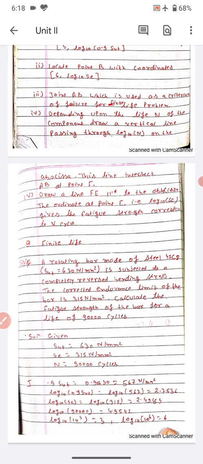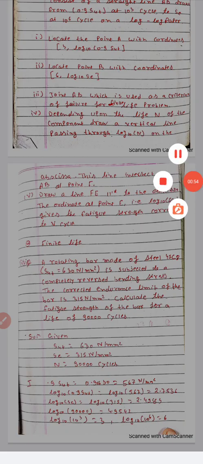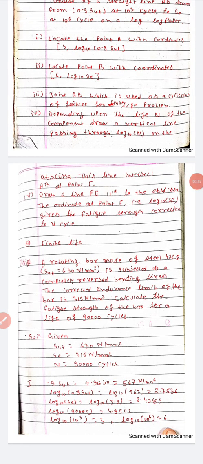We had seen the numerical of machine components subject to variable loading for infinite life, and we had seen the theoretical portion of designing of machine element for finite life.